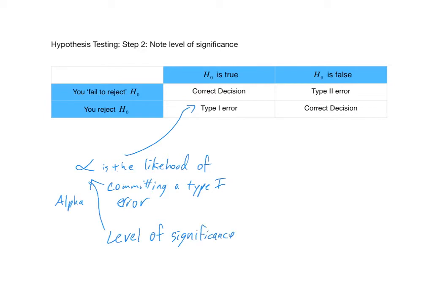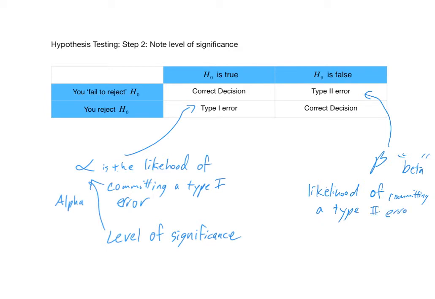Before we get to that, we let the Greek letter beta represent the likelihood of committing a type 2 error. So this is the likelihood of committing a type 2 error. One minus beta is called the power of the test.